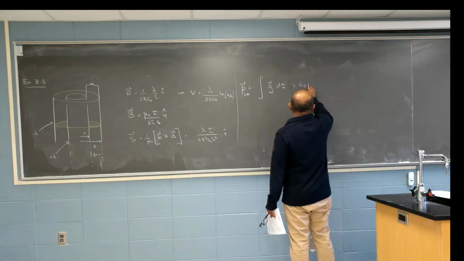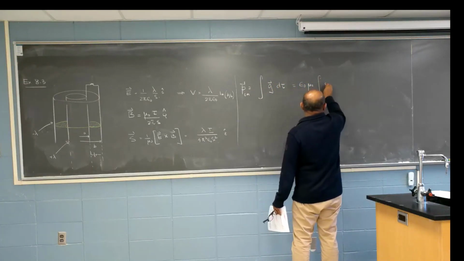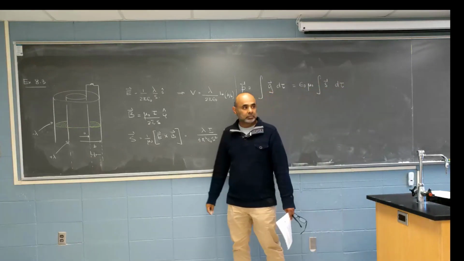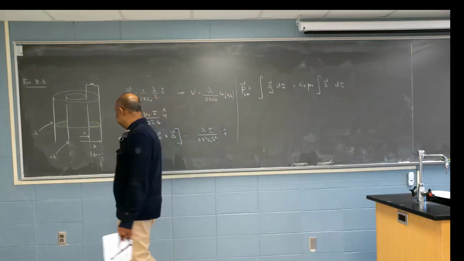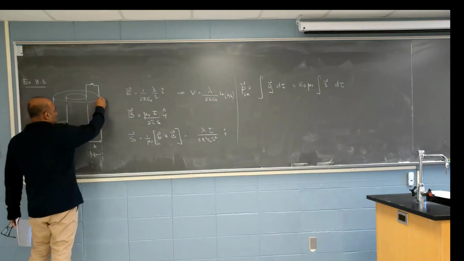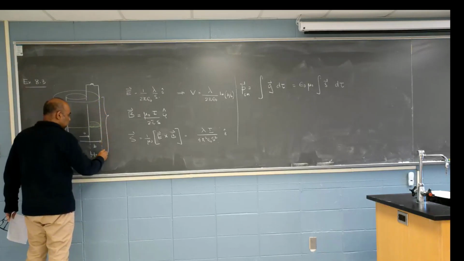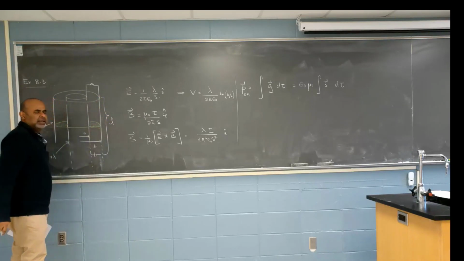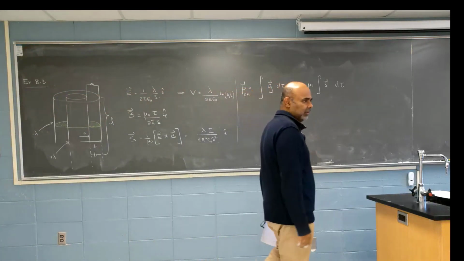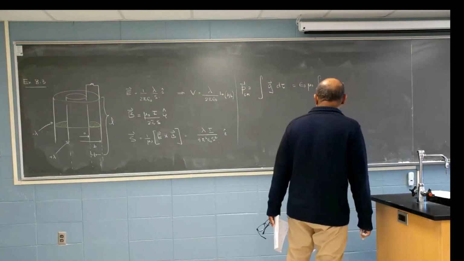Epsilon naught mu naught S d tau. And let's consider a cylinder of length L. L being large enough to where we can use the infinitely long cylinder approximation.